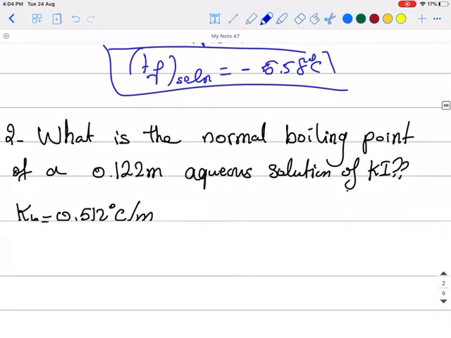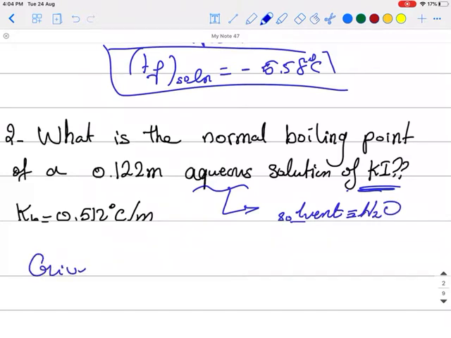Now number 2: what is the normal boiling point of a 0.122 molal aqueous solution of potassium iodide? Again, aqueous means that we directly know that the solvent I'm dealing with is water. Okay, let me start by listing the given and the requirement.